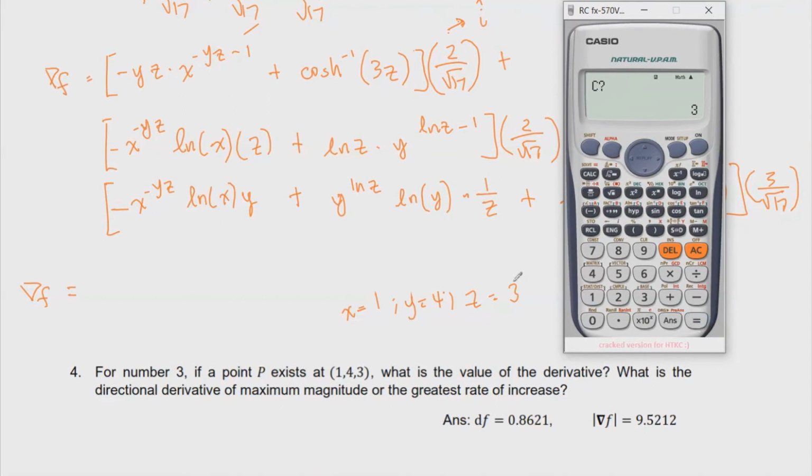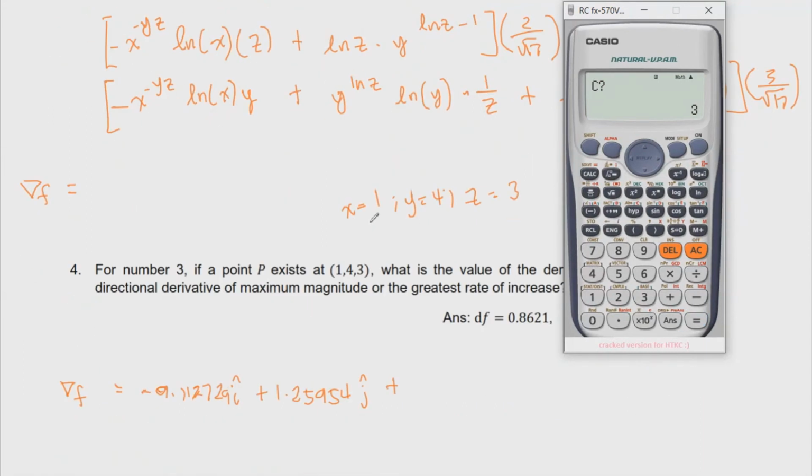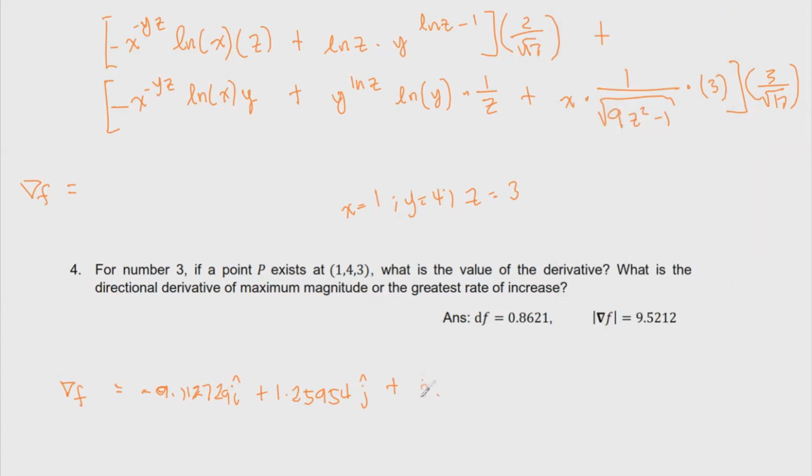So we'll be able to obtain the value of your k component. So that's 2.45457. Okay, I actually forgot to store the two previous values.